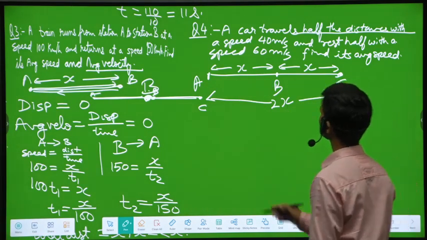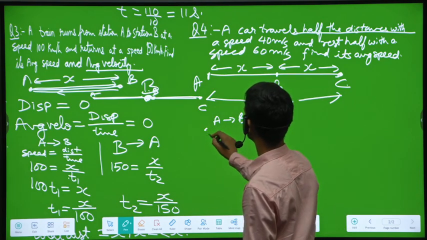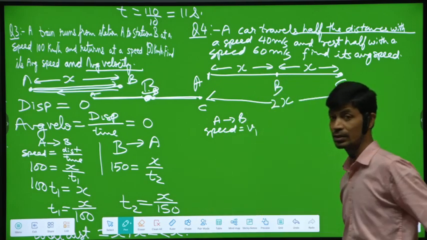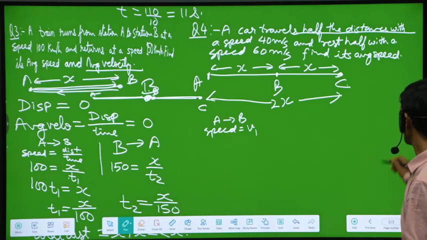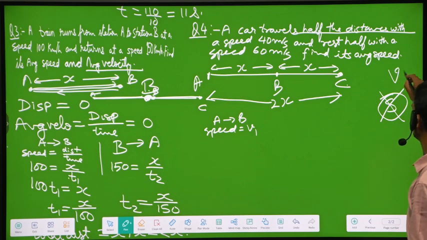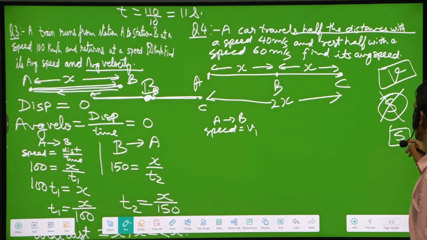Now see, if for A to B I take speed as v1. Till now you are using the symbol S for speed, but now things have changed. Now you have to use V for speed as well as for velocity, and S will be used for distance or displacement. So this is a new thing.